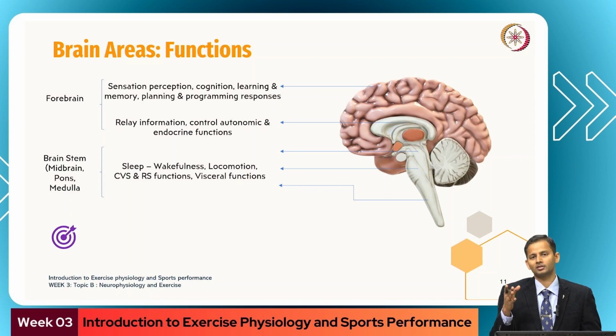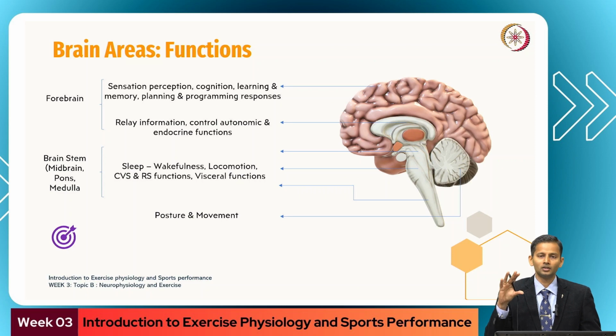The cardiovascular and respiratory centers, which we discussed previously in the cardiovascular and respiratory system modules, are centrally controlled at this level. The brainstem controls the autonomic functions of the cardiovascular and respiratory systems. In addition, it also controls and regulates locomotion as well as visceral body functions. It's very important to remember this aspect.